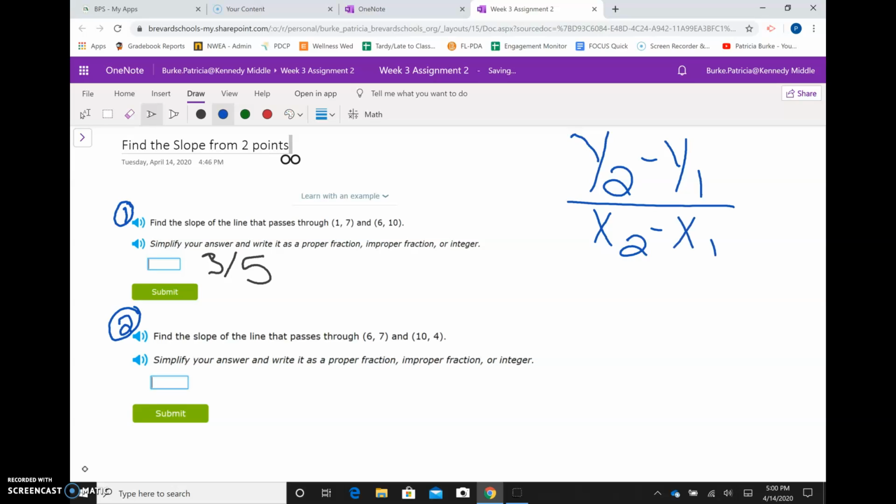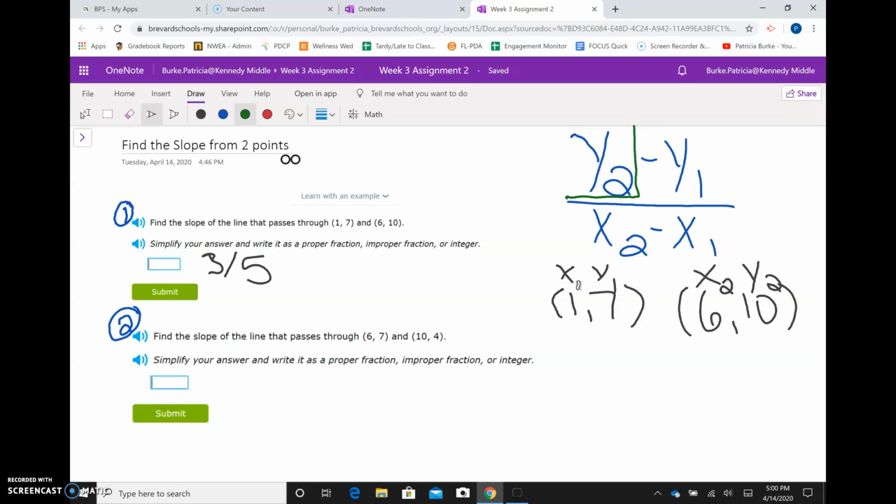We have our two points: 1, 7, which we will call x1, y1, and 6, 10, which we will call x2, y2.